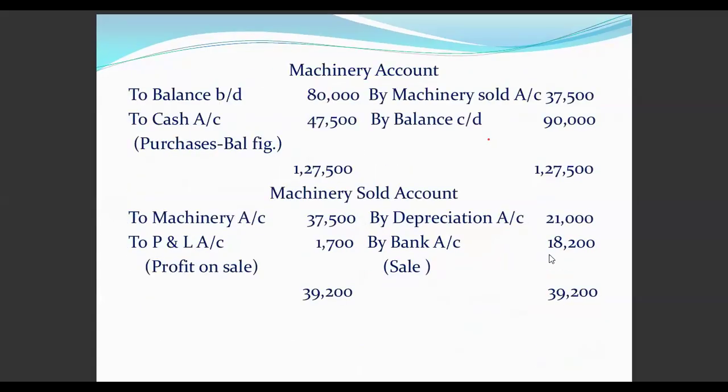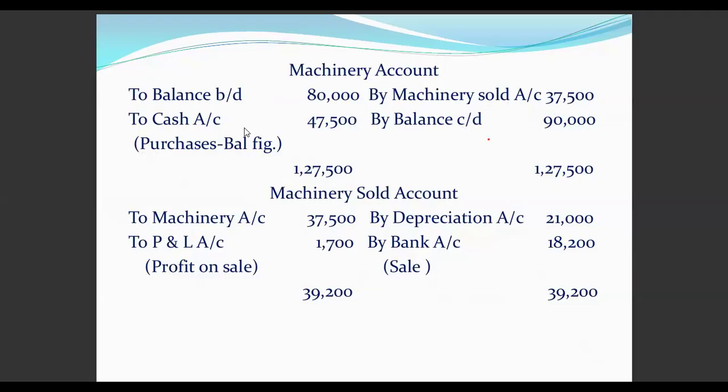So let's see the effect in machinery. Opening balance 80,000. Closing balance was 90,000. And machinery was sold at 37,500. So the difference is adjusted as purchase of machinery.